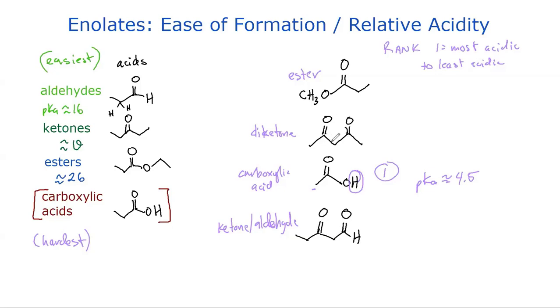If we think about an aldehyde being more acidic, or more easily forming an enolate, than a ketone, then the one that has one aldehyde and one ketone group is going to beat something that has two ketones. And so this is going to form an enolate more readily than the diketone, which in turn will form an enolate more readily than the ester, which has a single carbonyl compound.